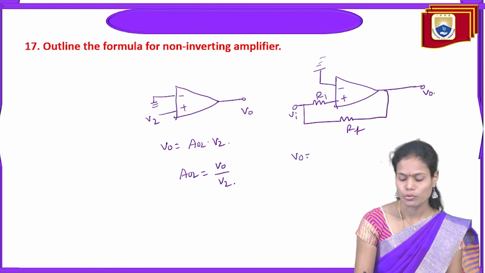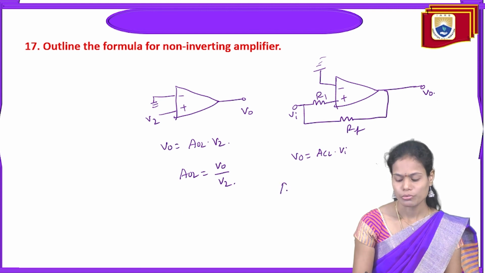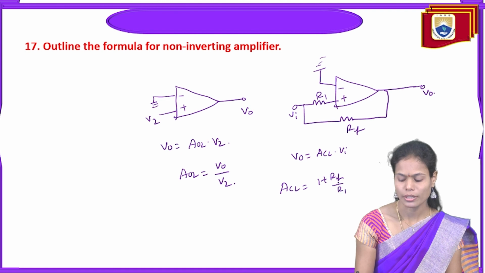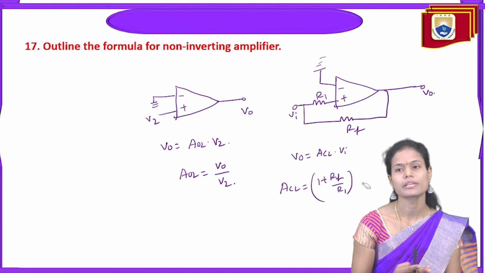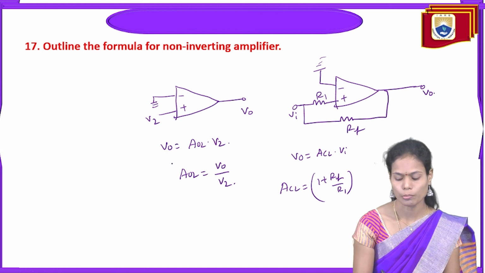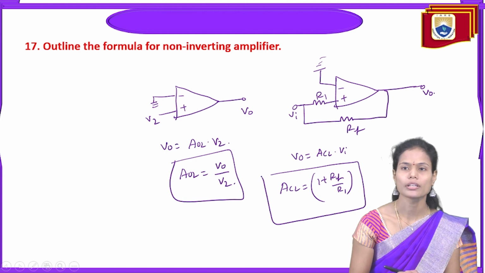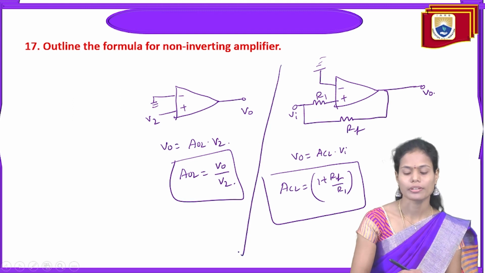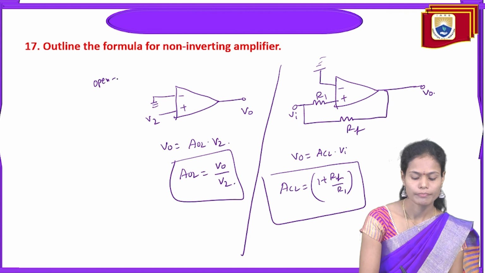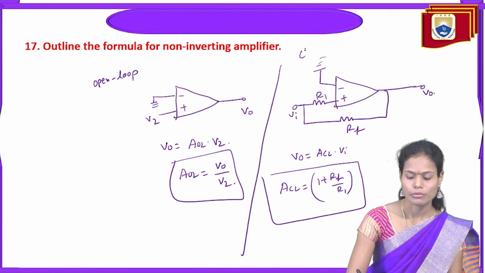In this case, the output voltage is ACL times the input voltage, where the ACL value is 1 plus RF by R1. So this is the open loop gain, as well as the closed loop gain, of the non-inverting operational amplifier. It is the open loop, and it is the closed loop.